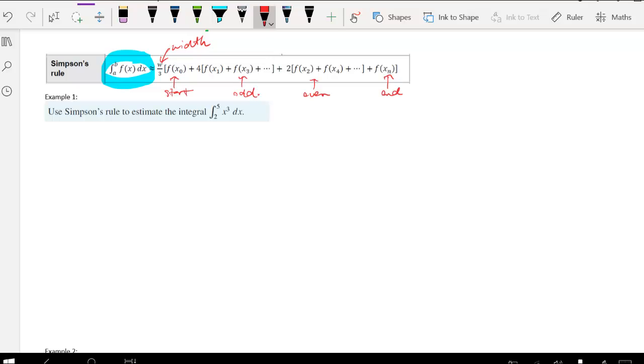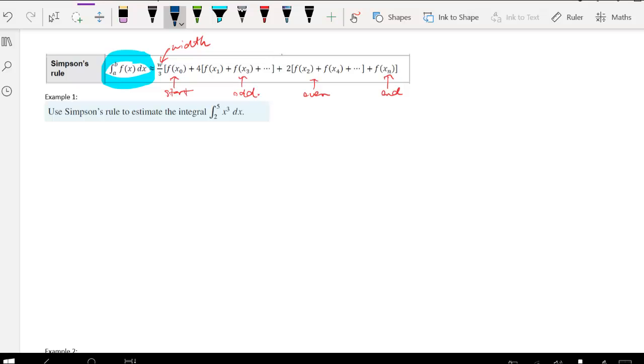If that's the case, then it's quite easy to apply. Now, interestingly enough, the two scenarios where Simpson's rule will not be approximate and will be exact is when we're looking at finding the area under a parabola, because it is based on a parabolic subsection, or a cubic function.